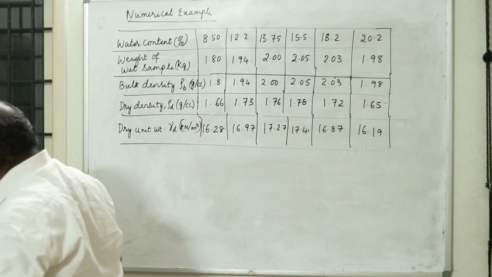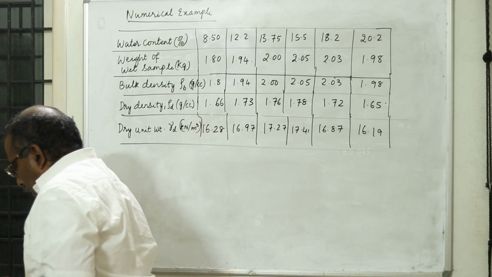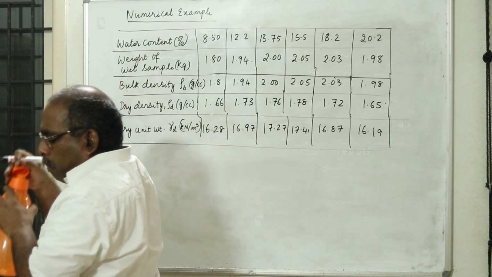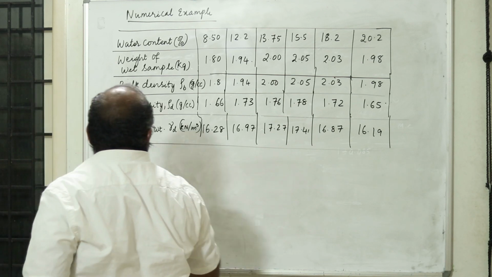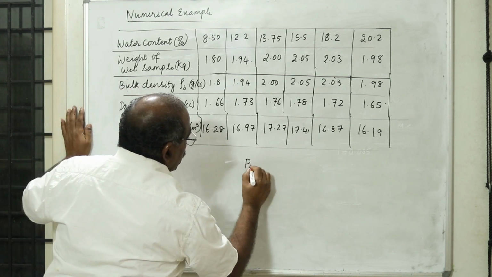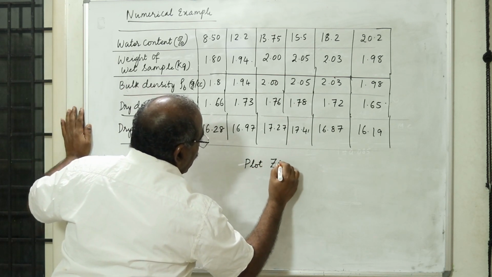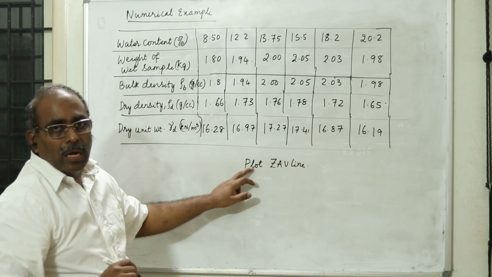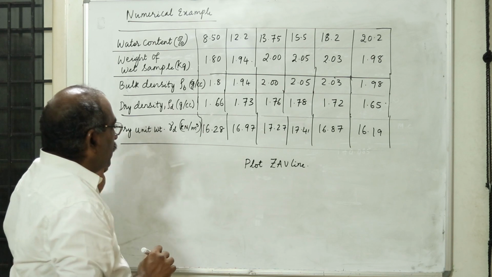Now, students, the problem has also asked you to plot the ZAV line. Along with the compaction curve, we need to also have the ZAV line, which is a companion curve.